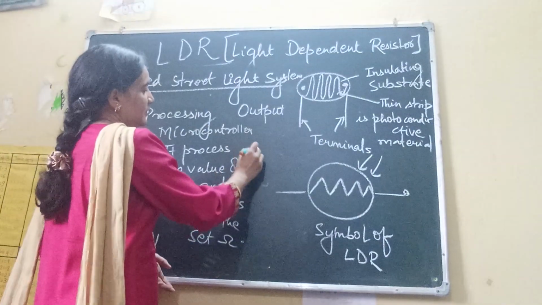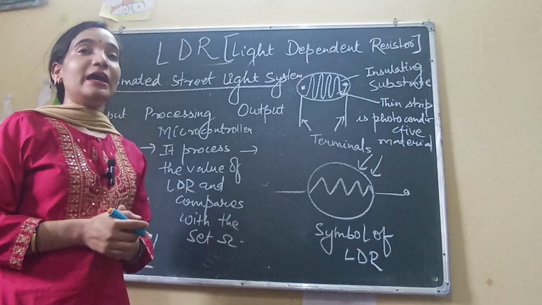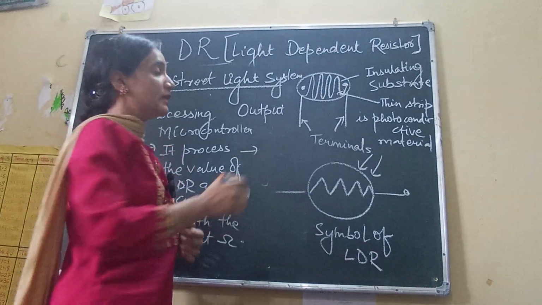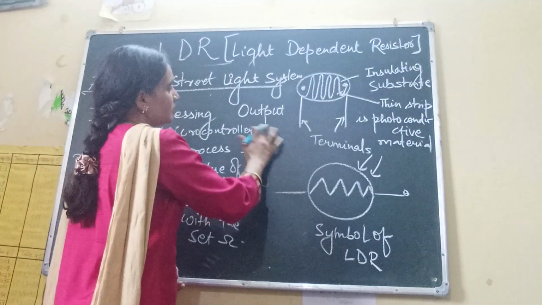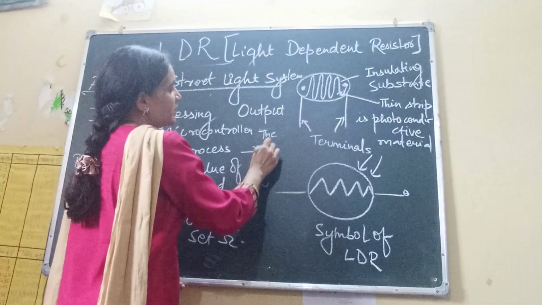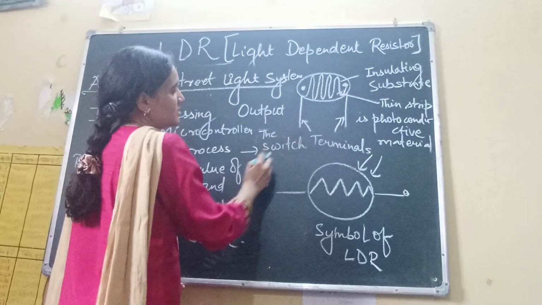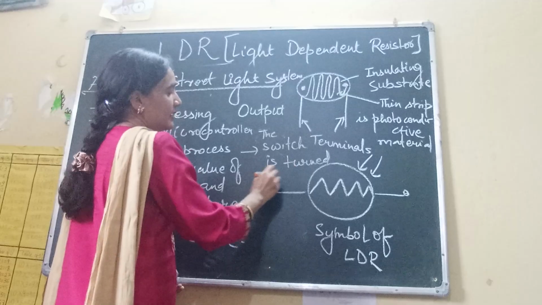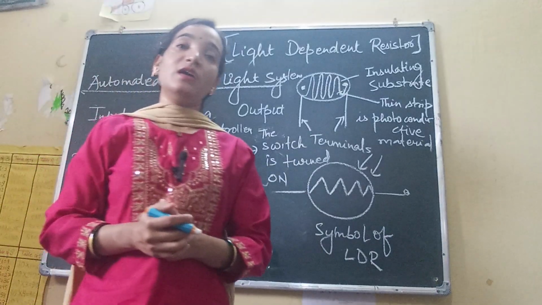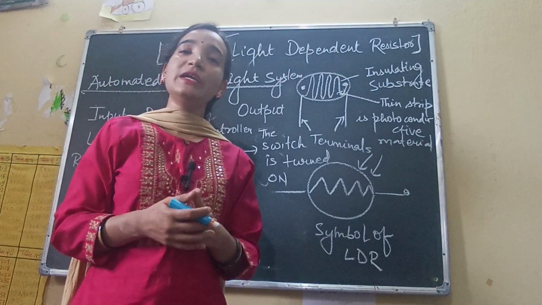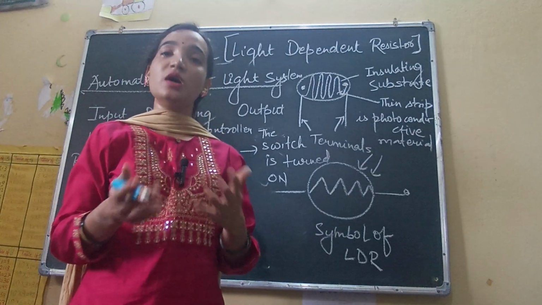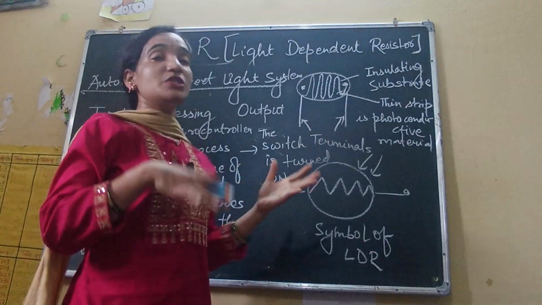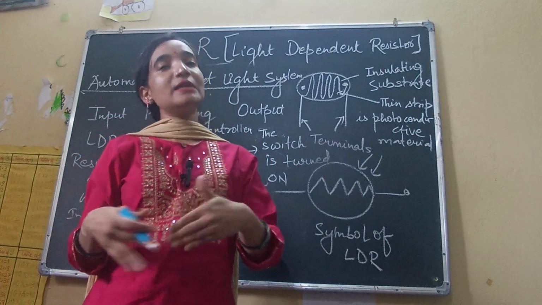It will send the signal to the switch, and the switch is turned on, and in this way our automated street light works, and during the darkness the street light remains on.